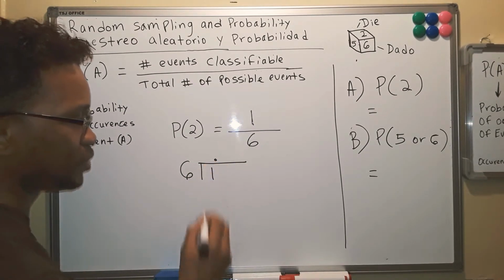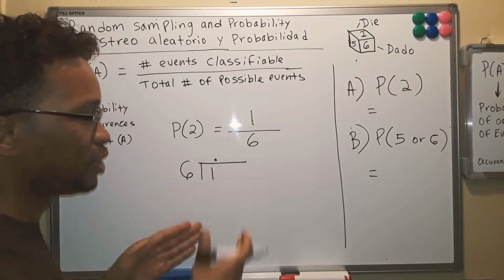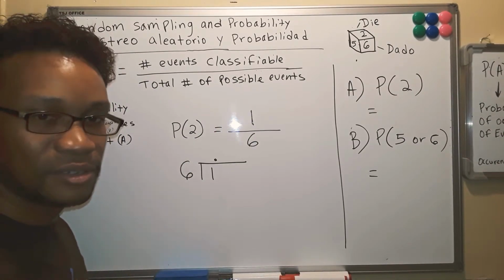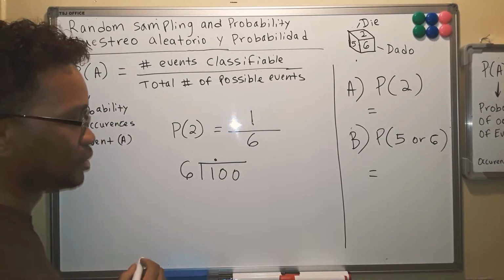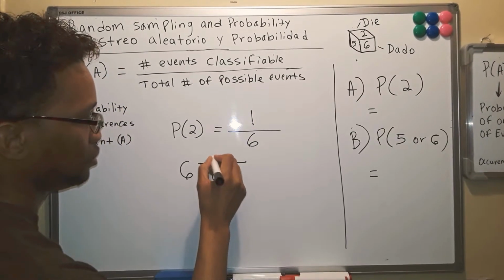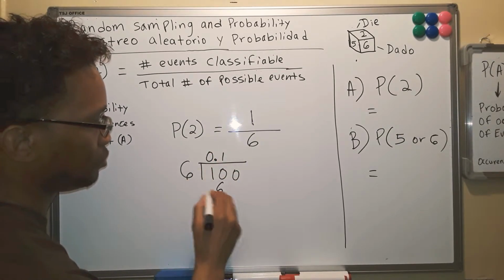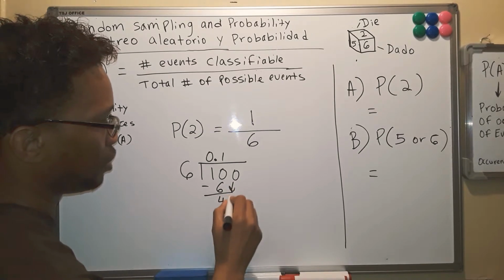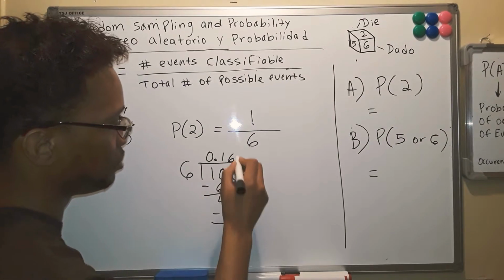This is a review from previous lessons. If you don't get that, go and check my previous lessons to see how to divide fractions. 6 goes into 10 only one time. 4, drop it, goes 6 times. The process repeats.